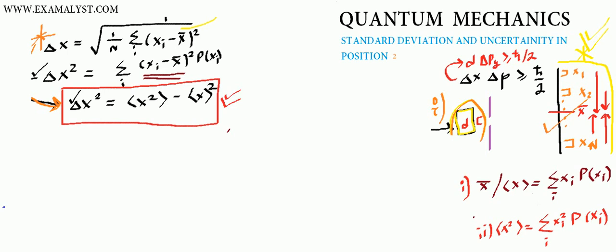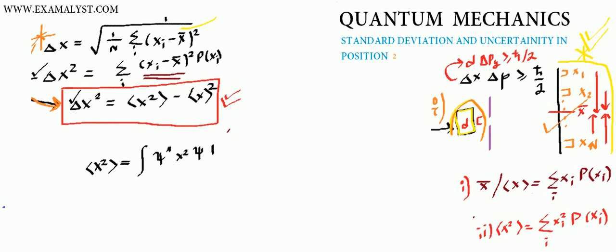Now in quantum mechanics, for the continuous pattern, can you tell me what will be the expectation value of x square? In quantum mechanics, what we'll do is we have an integration. You have to do psi star psi, and you have to put x square in between psi star and psi.